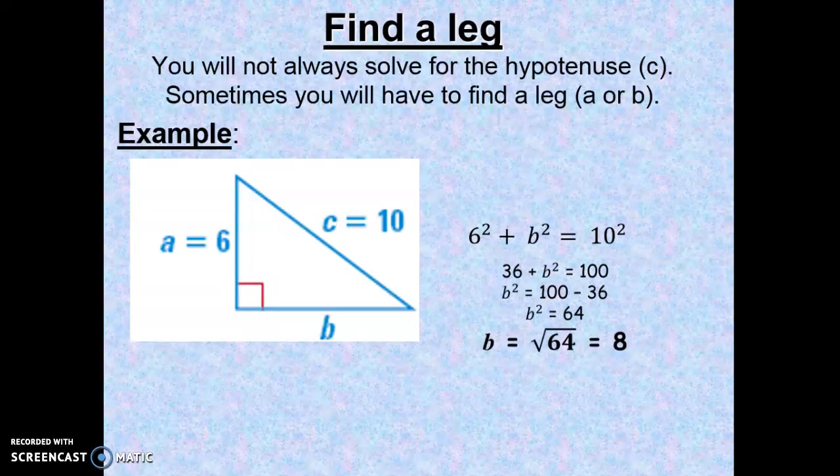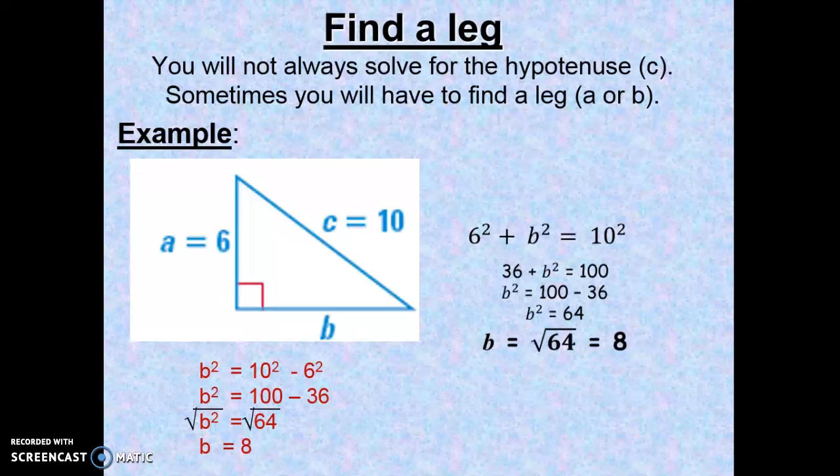what I've actually done here is I've taken the A squared plus B squared equals C squared formula, and I've already done the subtraction. So I've set it up where B squared is all by itself already, and I'm going to take the hypotenuse squared minus the leg squared. So that's what the 10 squared minus 6 squared is.